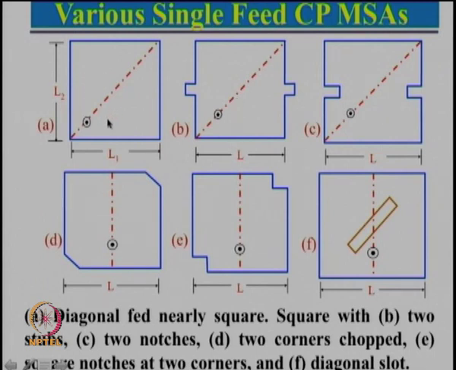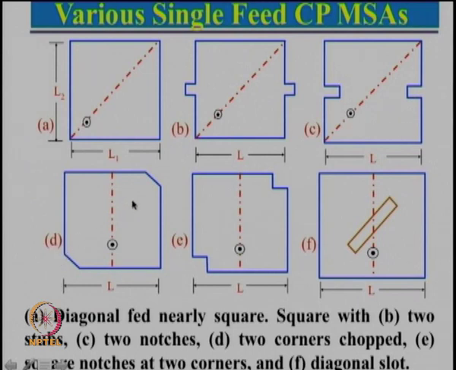So, instead of a nearly square patch, we can use a square with two stubs. Instead of adding a stub, we can also cut a notch. By adding a notch, this length will change through one path and this length through another path, so the two lengths will be different.